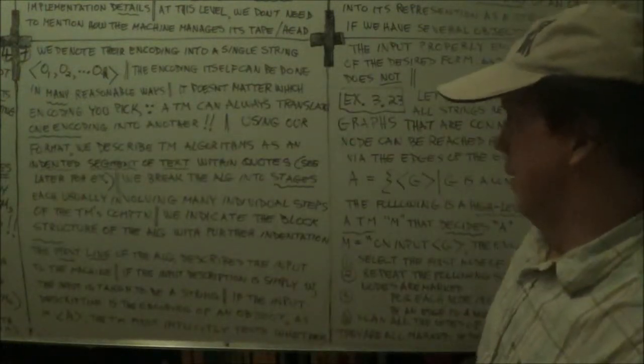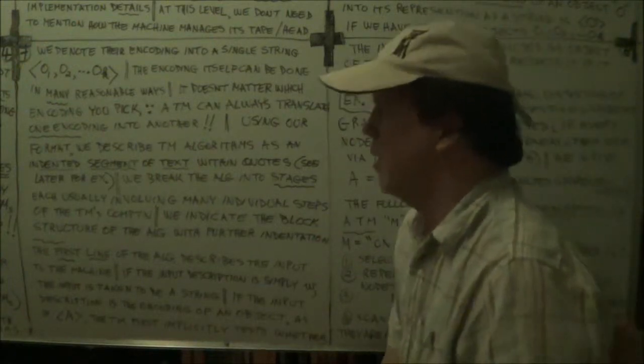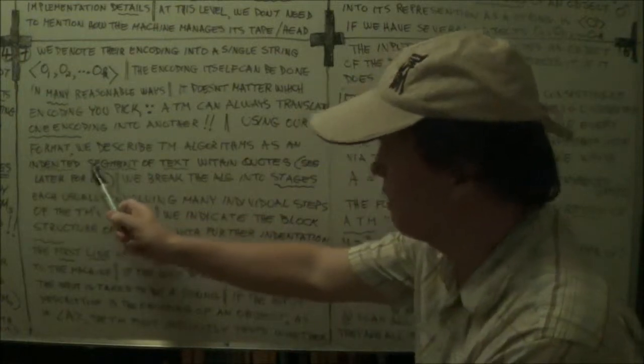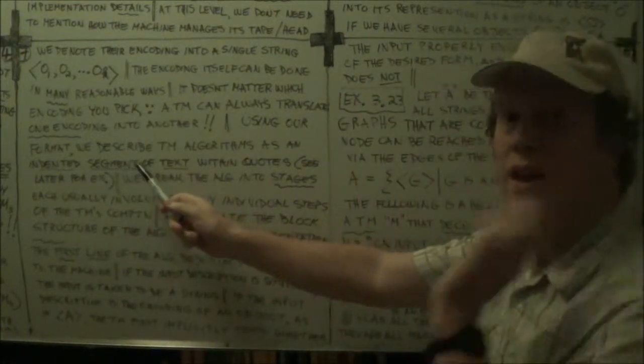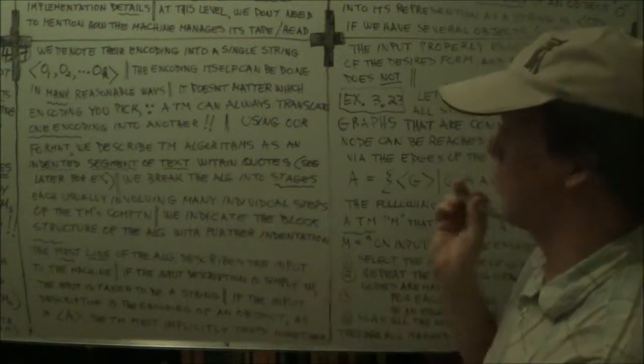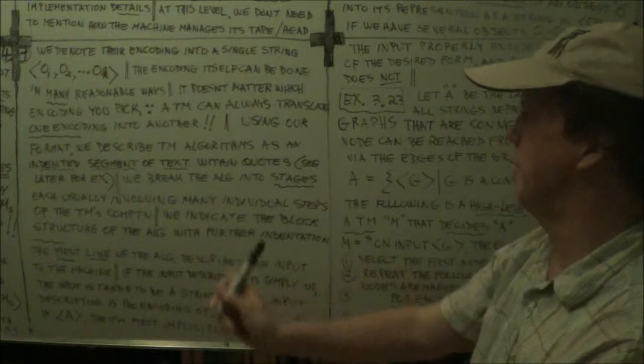Okay, so now I'm going back. You're describing the Turing machine algorithm with indented segments of text, just English prose as usual, within quotes. You saw the quotes, and we'll see a later example. We've just seen that.